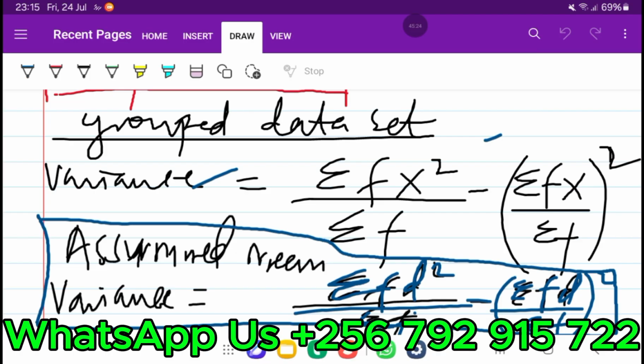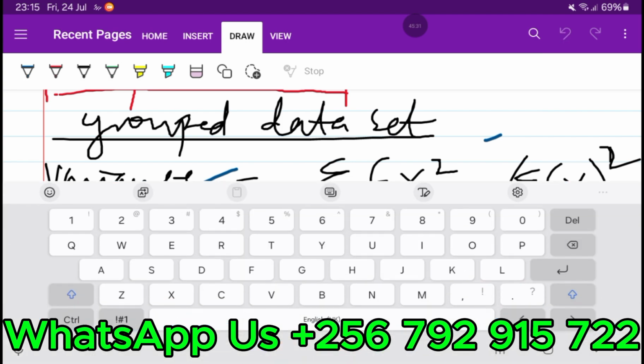It can as well be examined because it's part of what you're supposed to know. But as I told you, basing on what they have been examining, they have not been examining the ones for a sample. So for you to use these methods that I'm going to give you, the examiner has to specify that the data set they have given to you is for a sample, whether grouped or ungrouped.